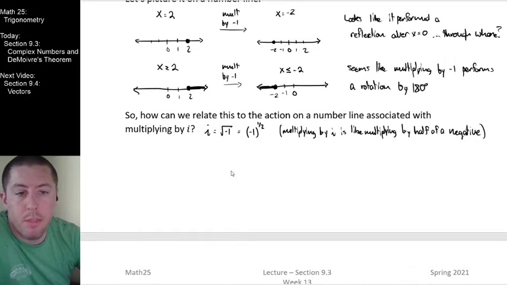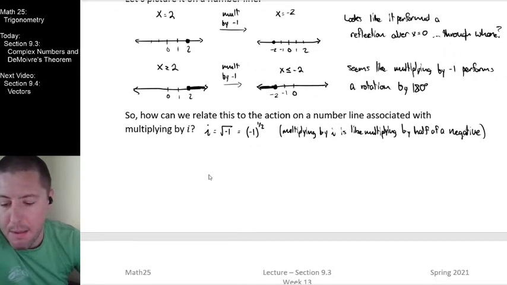And so if it's like multiplying by half of a negative, then maybe what that means is we should only do half of the rotation that we saw was previously associated with multiplying by -1.